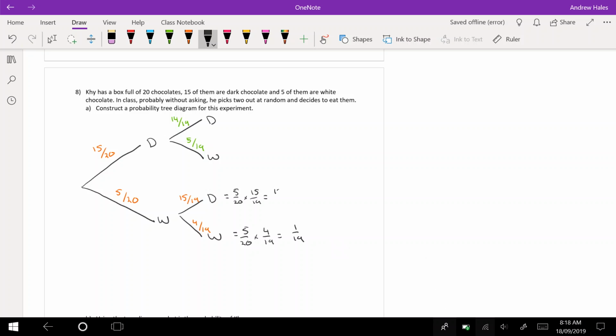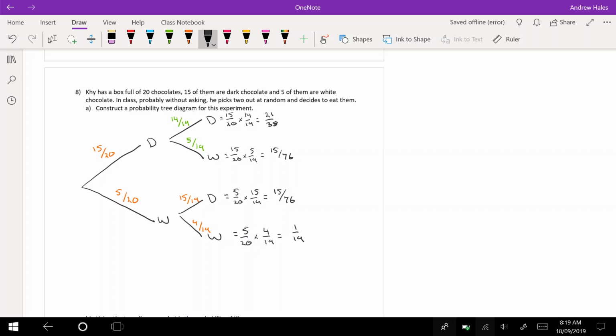That's going to be 15 out of 76. 15 out of 20 times 5 out of 19, which equals 15 out of 76. And then 15 out of 20 times 14 out of 19. Well, that is equal to 21 out of 38.